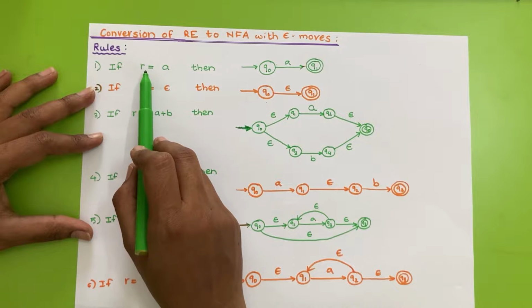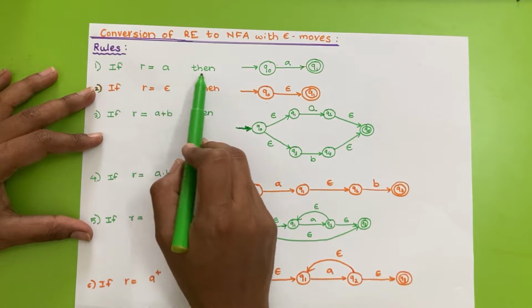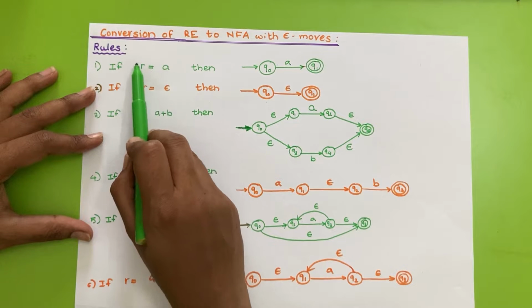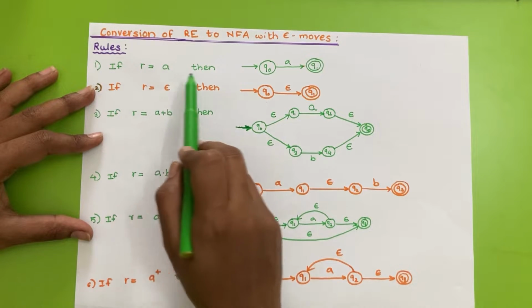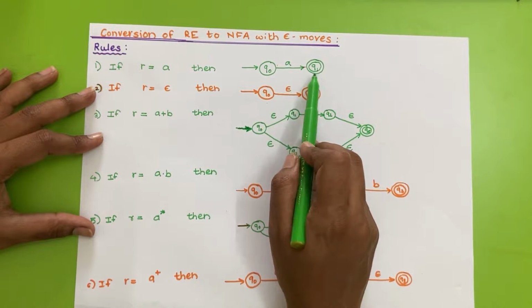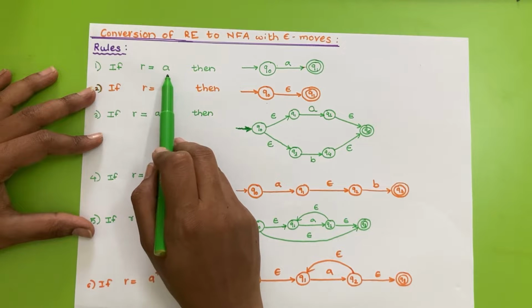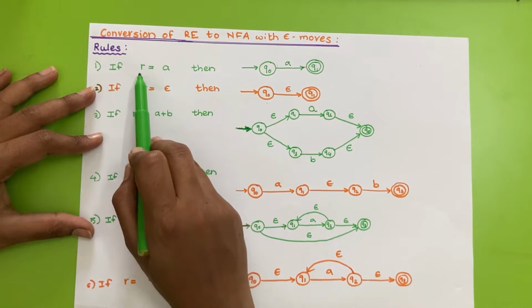If we have a regular expression of type R equals A, then for this regular expression we have the diagram q0 --a--> q1.